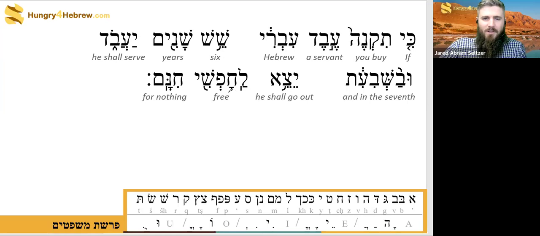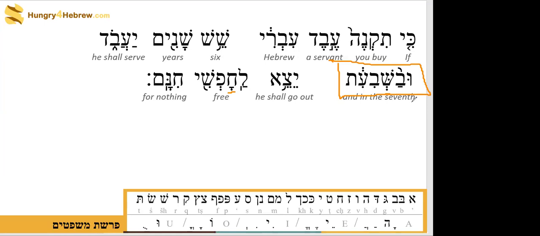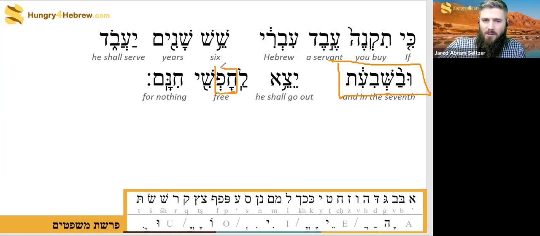All right, so in this word, there's a strong negation shin. So instead of uvash, it should be uvashvi'it. And then this pesky thing right here is in a closed unstressed syllable.